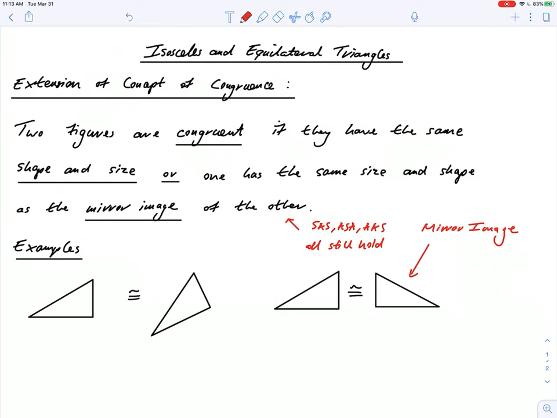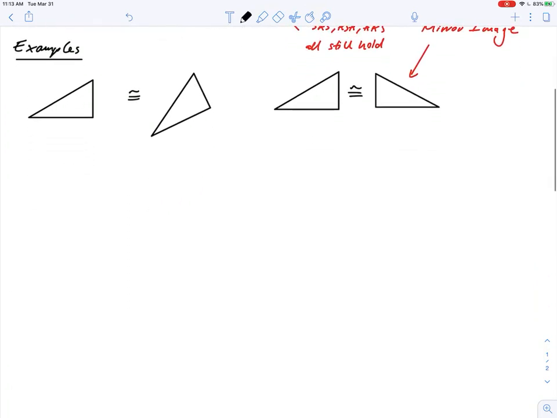So let's think now about isosceles triangles. So, definition. An isosceles triangle, something we're very familiar with, but let's do it really carefully. I'll just draw a picture to illustrate what an isosceles triangle looks like. An isosceles triangle is one where two of the sides are the same. Nice and simple.